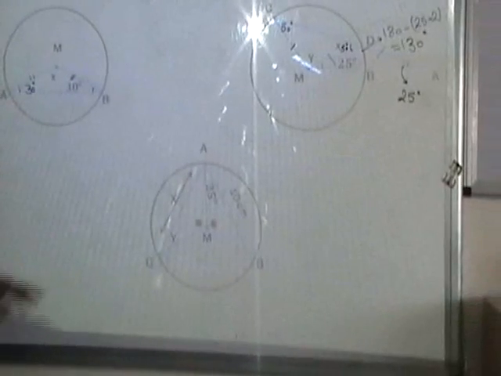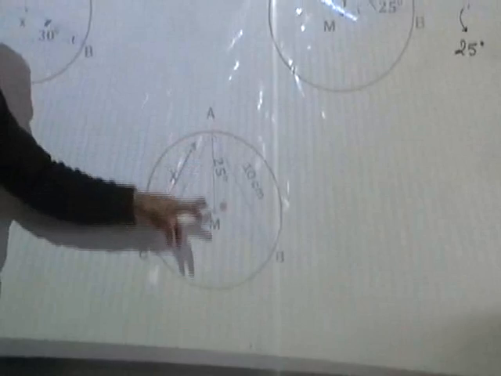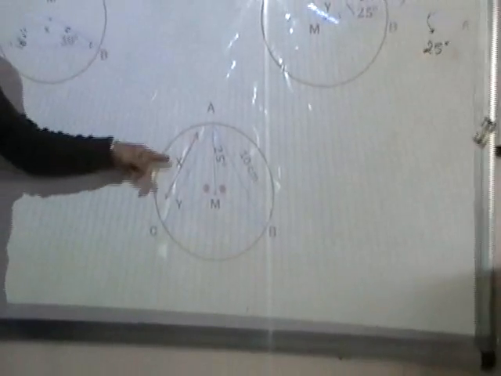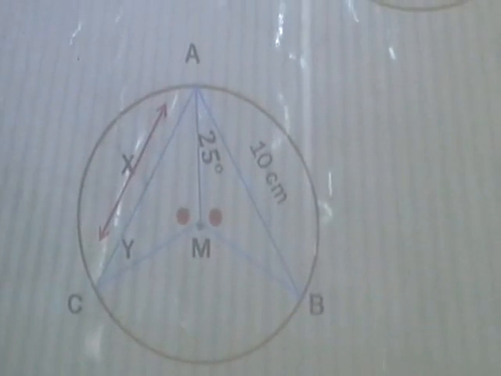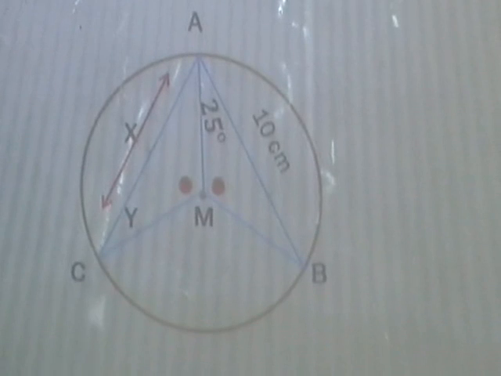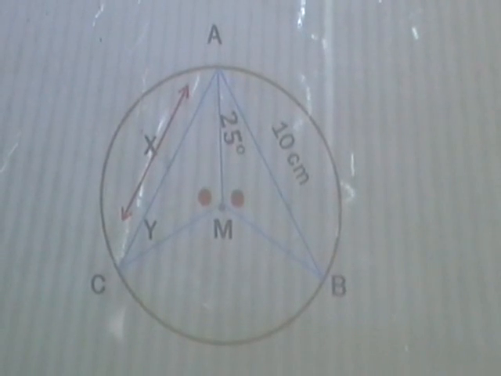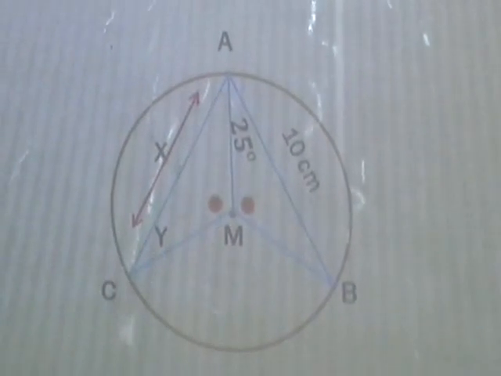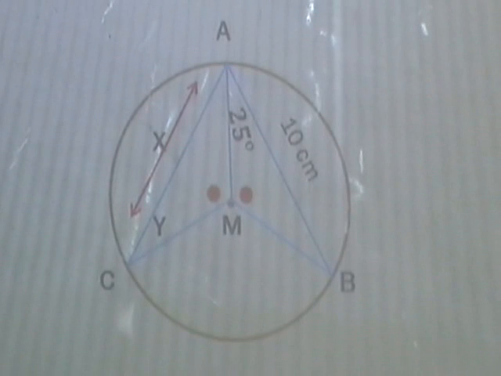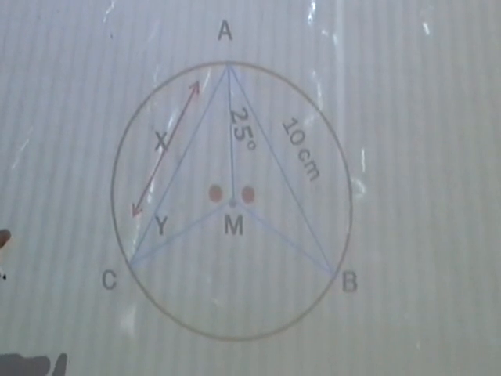These two triangles have the measure of angle A and B equal to the measure of angle A and C. You want to get the value of each of x and y. If you have two triangles, start to get one of the cases of congruency between the two triangles. I have triangle ABM and triangle ACM. Let's search for some cases of congruency between them.